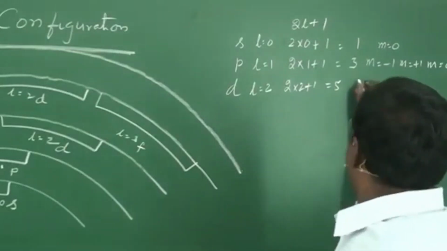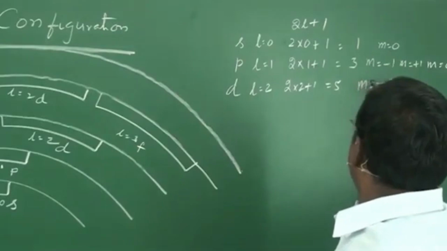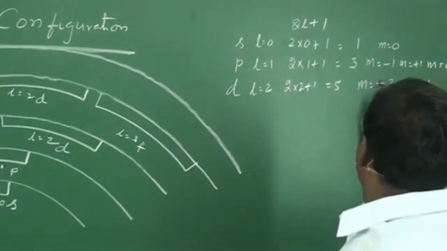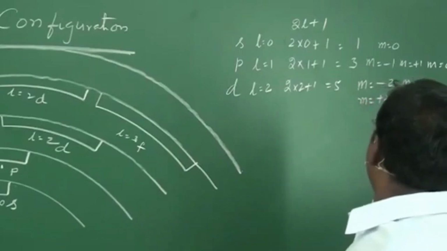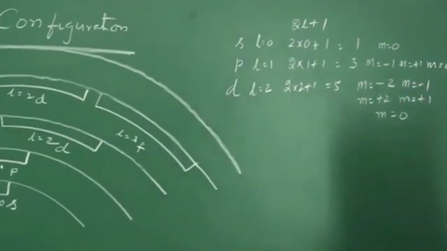They are m is equal to minus 2, m is equal to minus 1, m is equal to plus 2, m is equal to plus 1, and m is equal to 0. These are the 5 orbitals present in D sub-energy level.